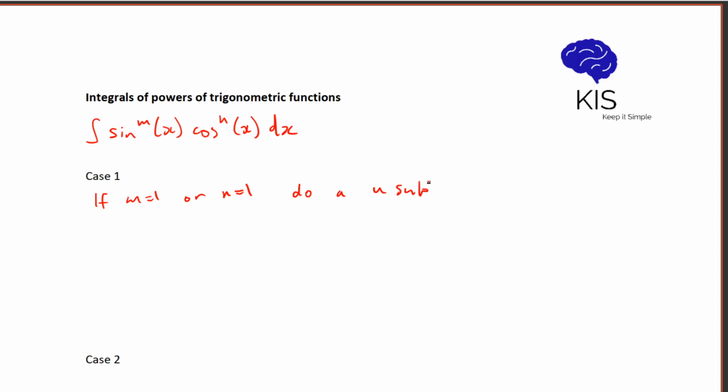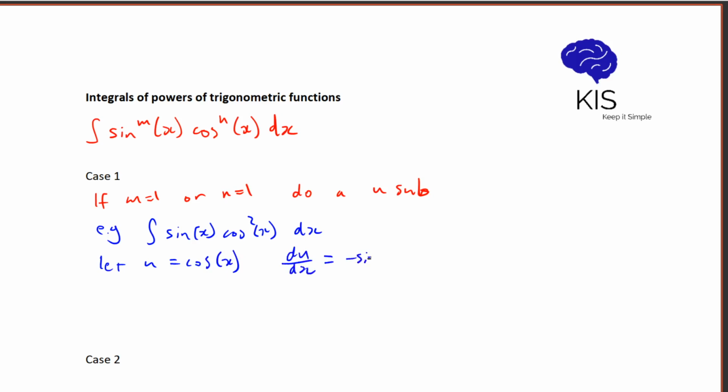If you haven't seen the substitution with integration video, I'd highly suggest you watch that. But you just do a u sub. So for example, if I had the integral of sine x cos squared x, then I'll let u equal cos x, so that du dx equals minus sine x, and I'll get dx equals du on minus sine x.